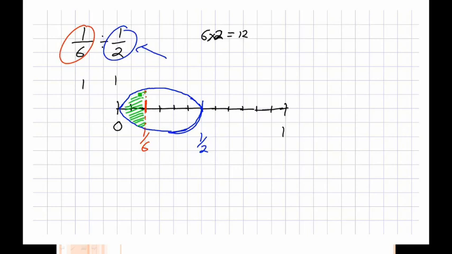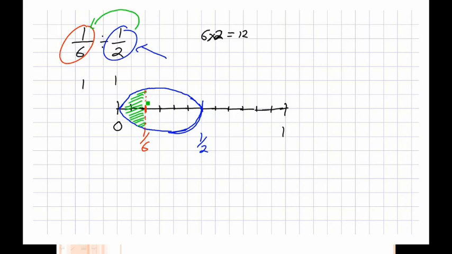So what I'm trying to do is take this 1/2 and put it into the 1/6. How many times will 1/2 go into 1/6? But notice here, if I look at this oval, how much of this oval is shaded? This oval is broken up into 1, 2, 3, 4, 5, 6 pieces.